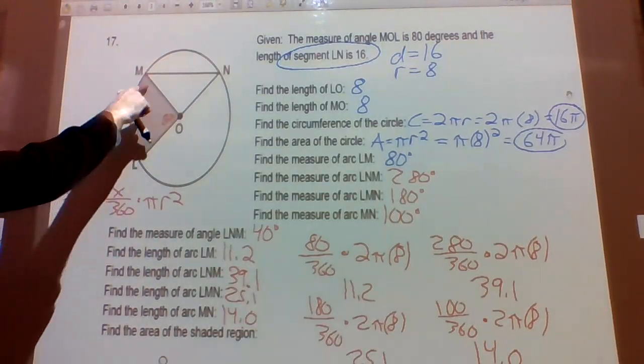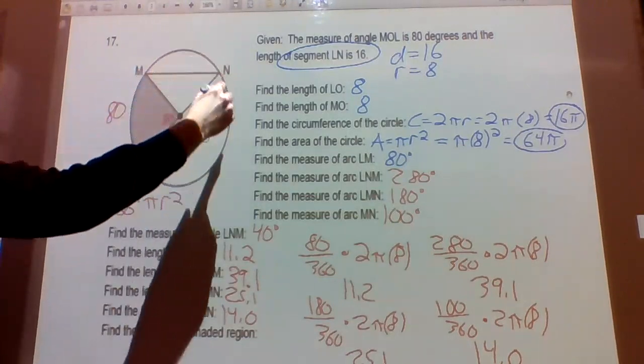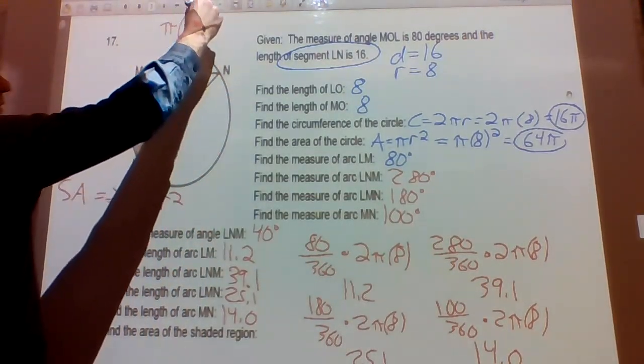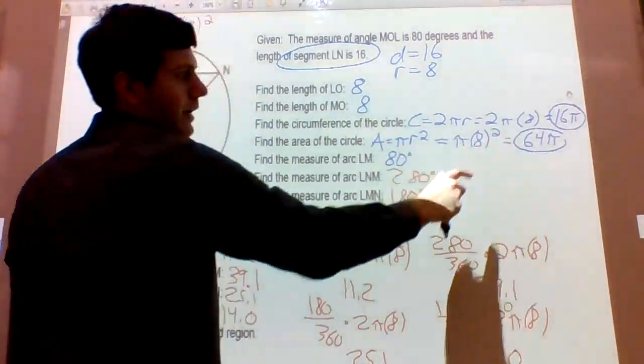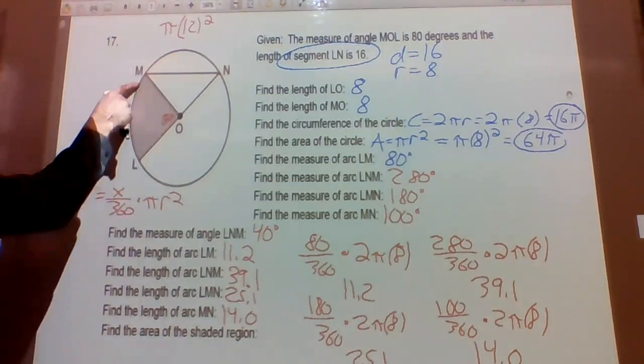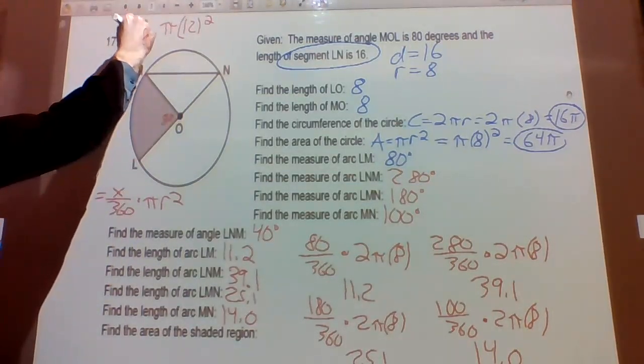Okay. So we want the area of just the shaded region. The area of the whole thing is pi r squared. So the area of the whole thing is pi times 12 squared, which again we found to be 64 pi. Okay, and we want to multiply just the portion it is. It's 80 degrees out of 360.